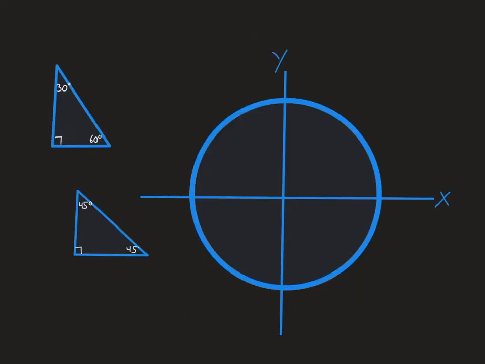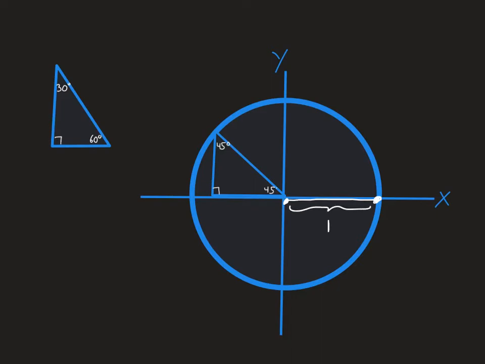Now what we're going to do is bring these special right triangles into our unit circle. Let's think about that unit circle again. What do we mean when we say unit circle? Well, that means from the center out to any edge is a distance of 1, because the radius is 1.